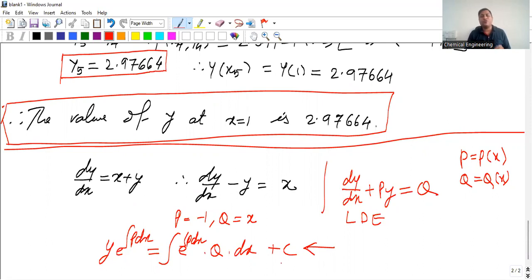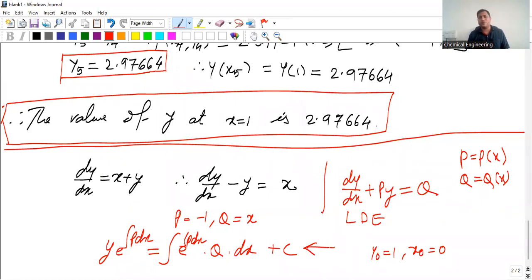Here, to find the value of c, we have to use the given initial condition. What we know is y0 is equal to 1 and x0 is equal to 0. So put x0 equal to 0 and y0 equal to 1 in the solution. You can get the value of c, and then you will get the complete solution.